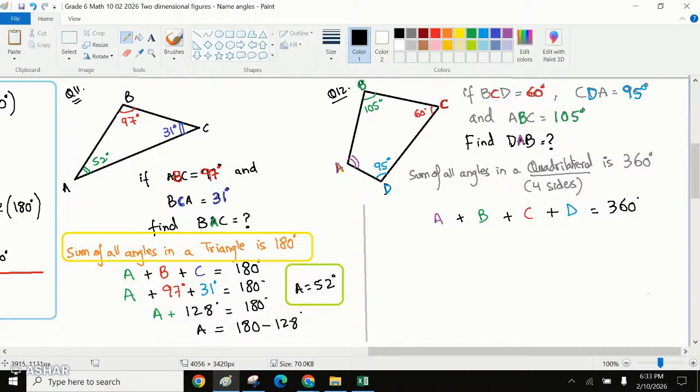What is the angle A? We need to find angle A. Where is the angle B? This is the angle B given to us, right? ABC, because B was in the center, that means the vertex B is given, that is 105.